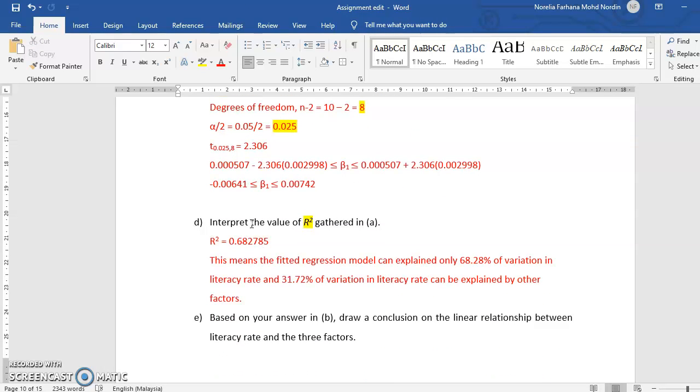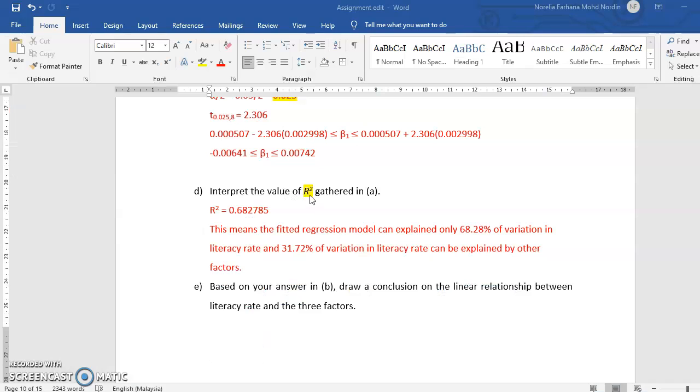Question D. Interpret the value of R square gathered in A. R square is coefficient of determination. R square determine whether data is fit for model or not. Let's say kalau R square value approach to 1, so we can say that the data is fit for the model.